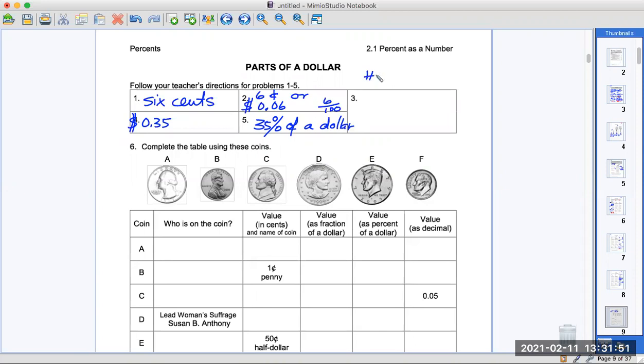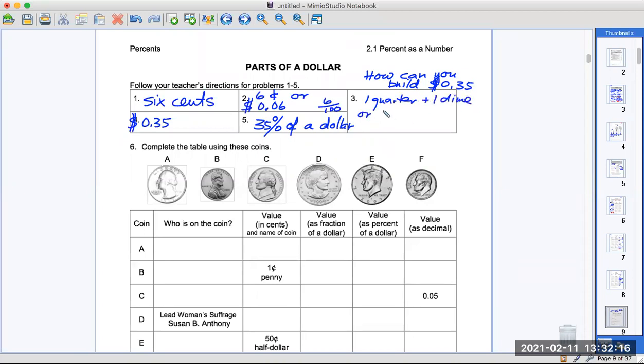And here's a question: how can you make 35 cents out of these? So you could take a quarter, which is 25 cents, plus 1 dime, which is 10 cents.